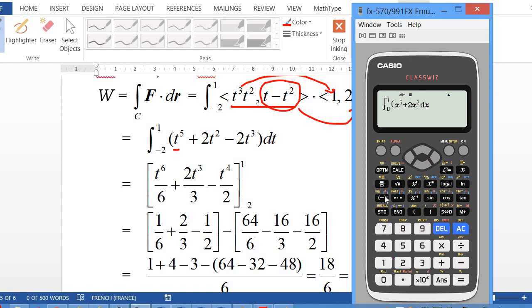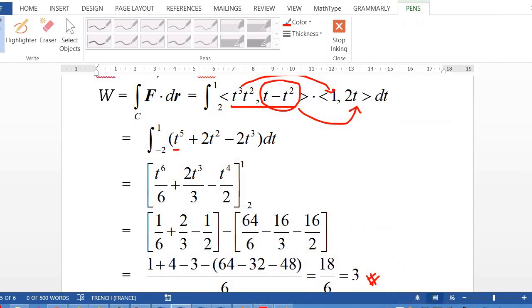This is negative 2. Okay, close the bracket. The answer is 3. That's what you obtained manually.